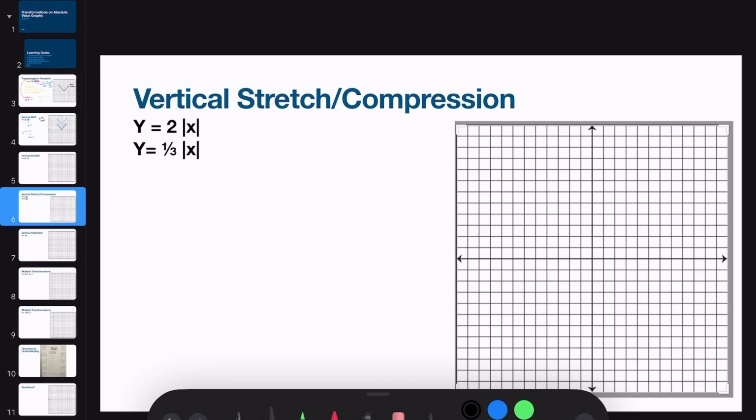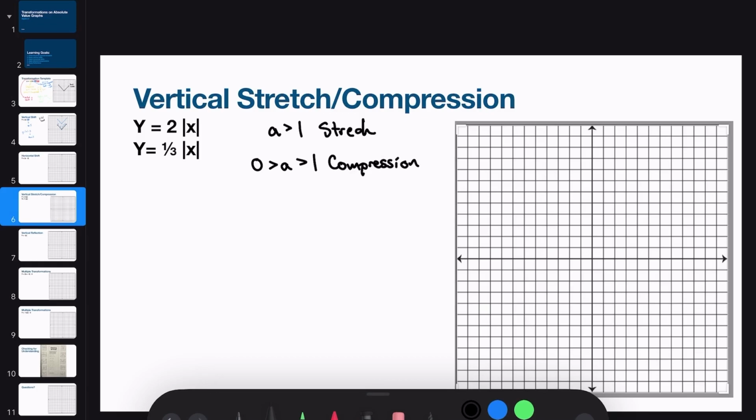The rule is that if this value is greater than 1, it's going to be a stretch. If it is between 0 and 1, meaning that it's some sort of fraction, it is going to be a compression.